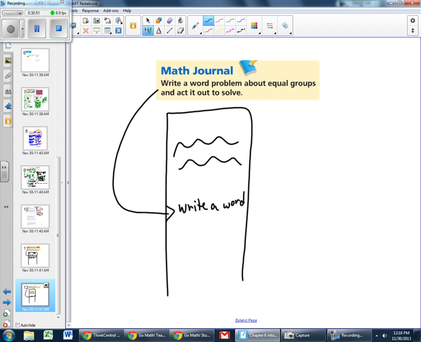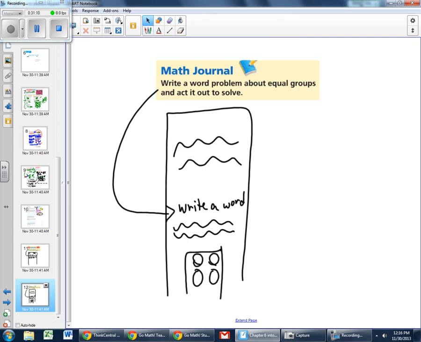So go back on page 211 or 210 or 212. Look at those problems. Create your own problem. Okay, giving me a question with some numbers in it. And then show me how to solve it using counters or drawing it out, the acting out that they want. Okay? We will check these together when you are done and move on to your homework.